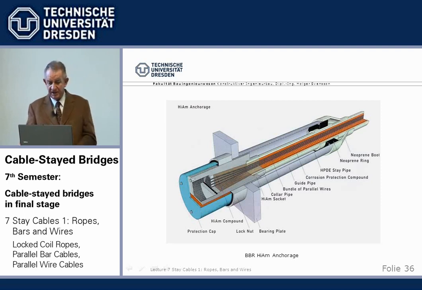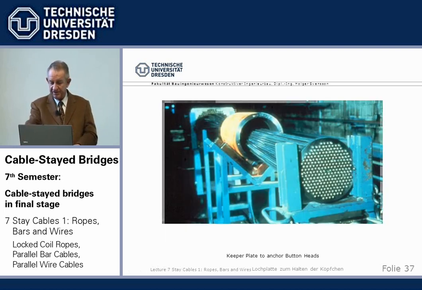And here we have now said, okay, we'll fill this conical anchor head, anchor sleeve, with very thin steel balls. Pour them in, rattle them, tight closure, and then these very thin steel balls clamp these broomed out wires. That's the basic idea. We see here the anchor sleeve, the wires, the retainer plate with the button heads.